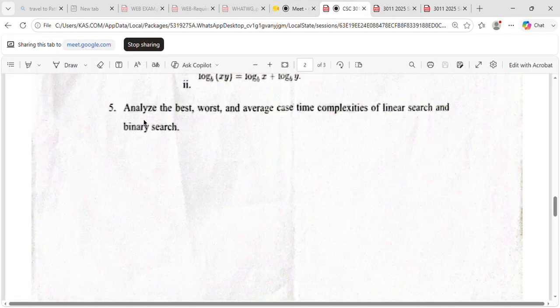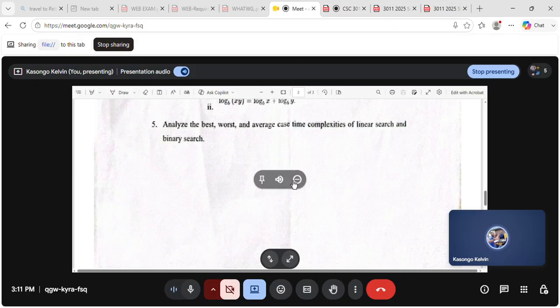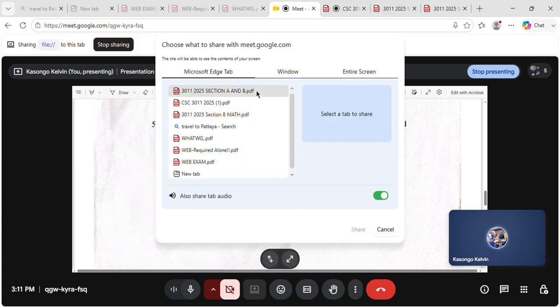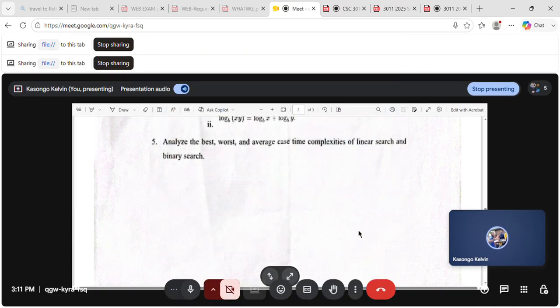Analyze the best case scenario, worst case scenario, and average case scenario time complexities of linear search and binary search. And wherever we're talking about binary, we're talking about 2, and linear is basically in that.